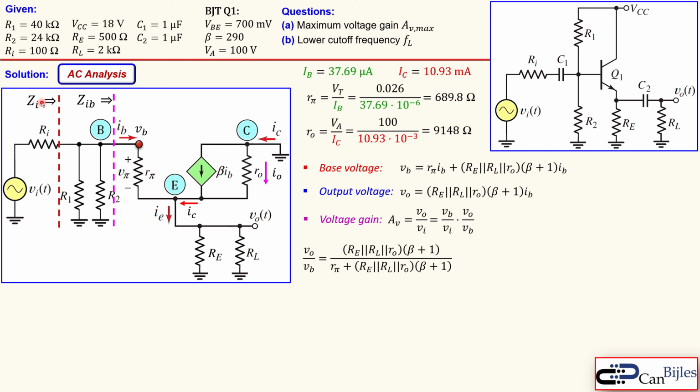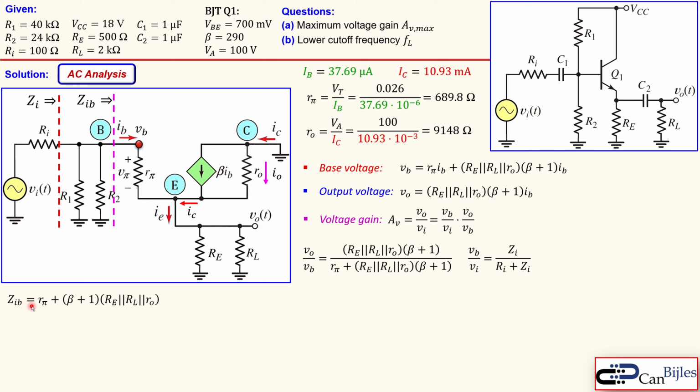And also ZI, which I call the impedance looking into the input here, taking these 2 resistors also. So Z input base and Z input. So I will then have VB over VI, which is Z input divided by RI plus Z input. That's what you see here.